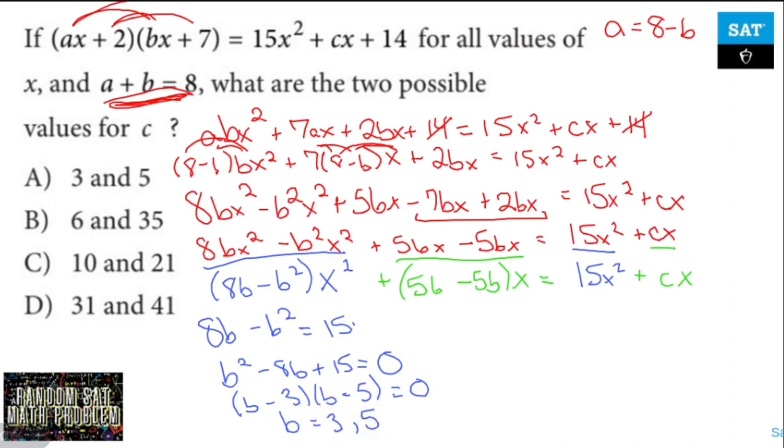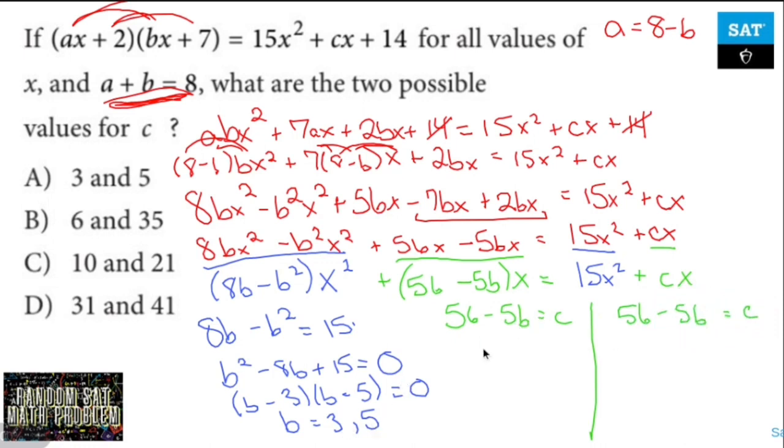Why is that important? Well, I didn't do the green guy yet. I know that 56 minus 5b equals c. So I'm going to write this out in two parts. 56 minus 5b equals c.